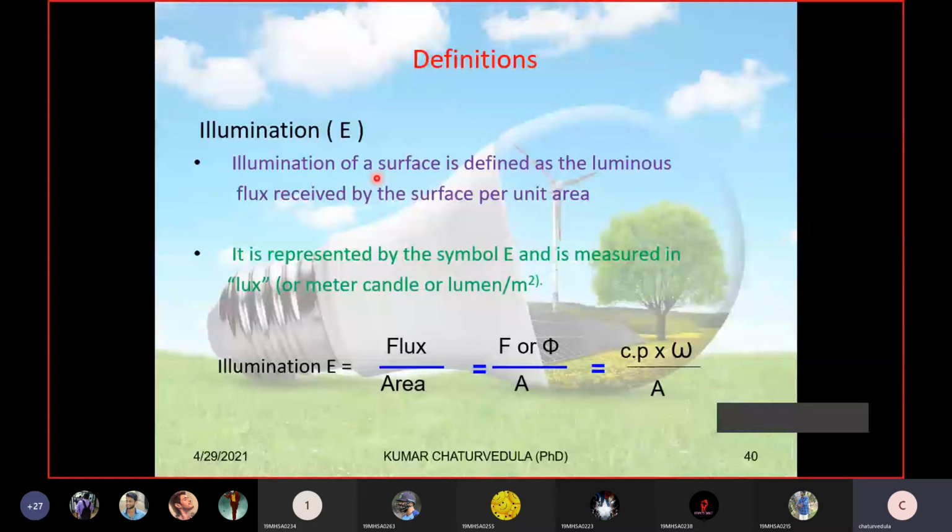Note down these formulas so that they will be helpful while solving problems. So F or phi by A, where luminous flux is in terms of candle power and solid angle omega. So candle power, or I, which is luminous intensity, into solid angle per area.